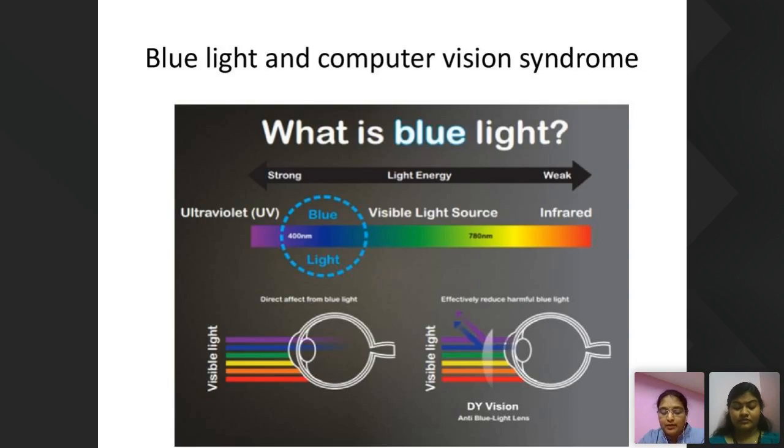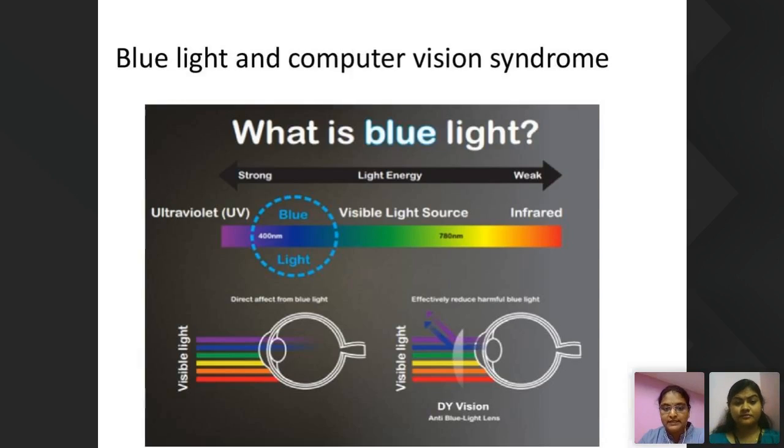That is, melatonin should be produced at night time. Because of this melatonin suppression, the day and sleep cycle gets affected. This is the main problem of blue light emission by the mobile phone or even the computer screen.